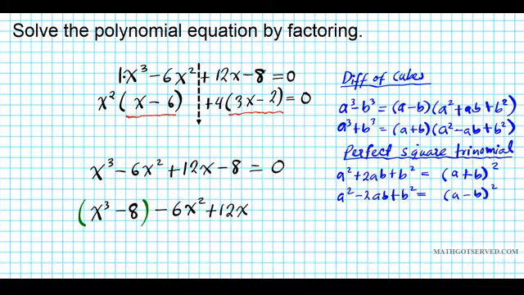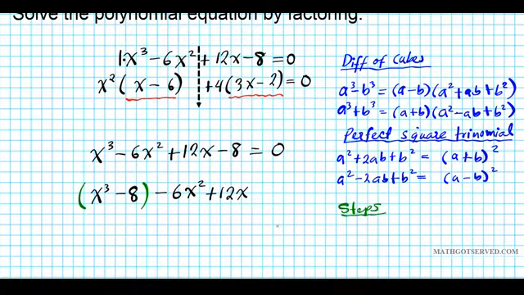Okay, let me go over the steps for factoring difference of cubes on the right-hand corner right here. There are 3 steps involved. Step number 1 is to write down the correct formula. It's kind of like your guide or your map to help you factor it correctly.